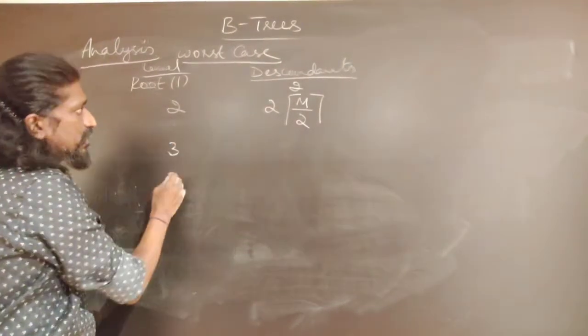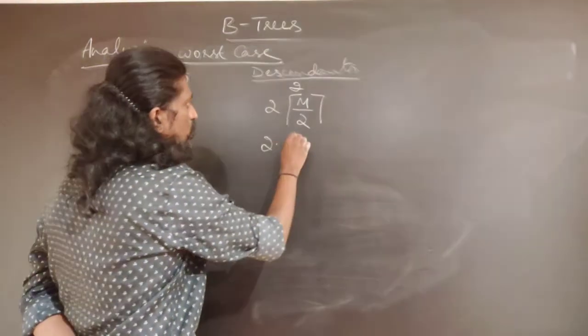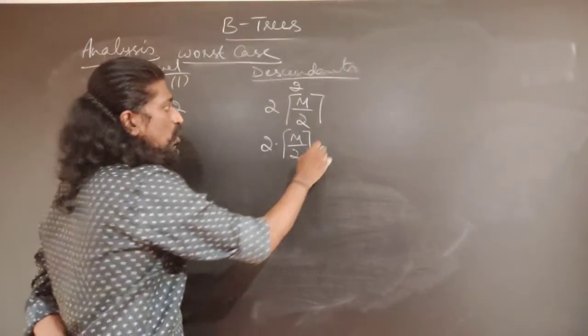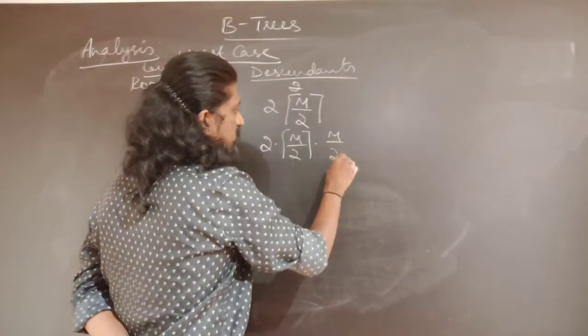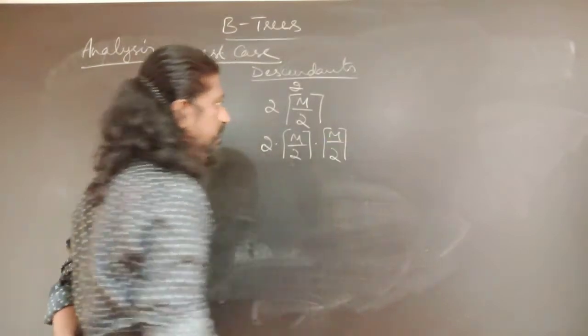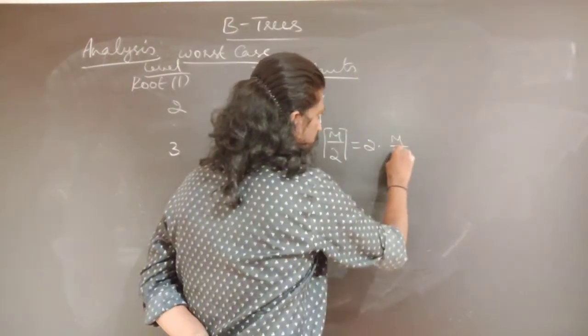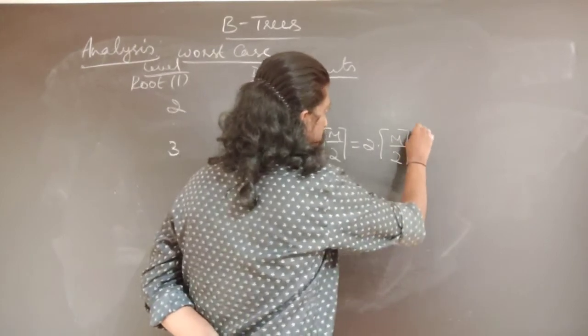Now level 3 will have 2 into m by 2 nodes. Each one of these 2 into m by 2 will have m by 2 descendants in the worst case. So that is equal to 2 into m by 2 whole squared.